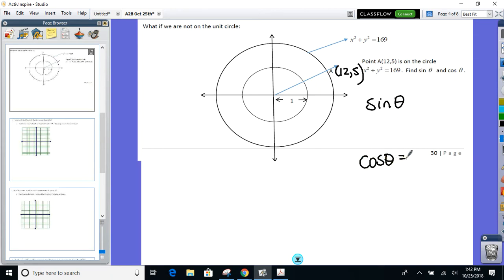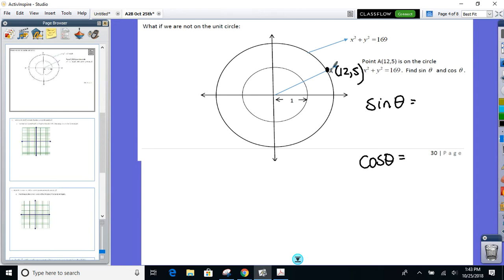But unfortunately, you can't pluck off 12 and 5. It's not on the unit circle. So what am I going to do instead here? Ready. This is why we did all that geometry review last week. Using that point, we are going to make a right triangle.